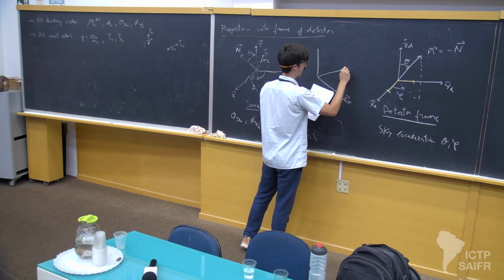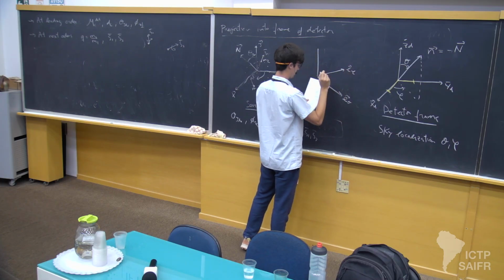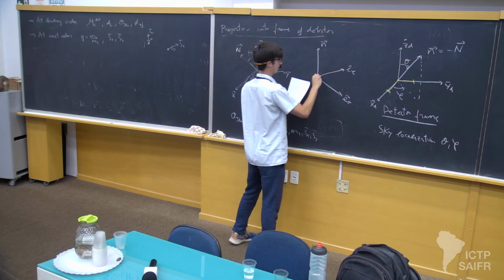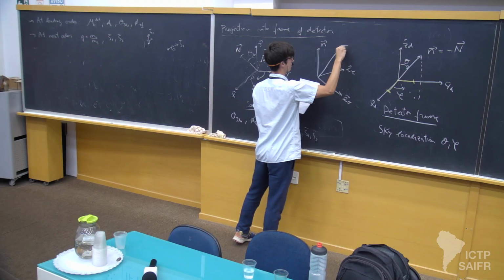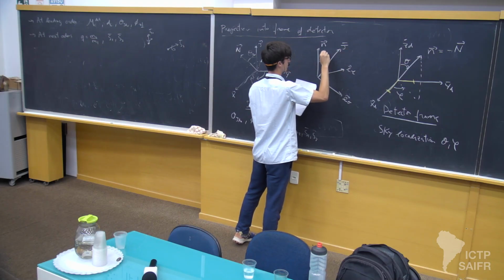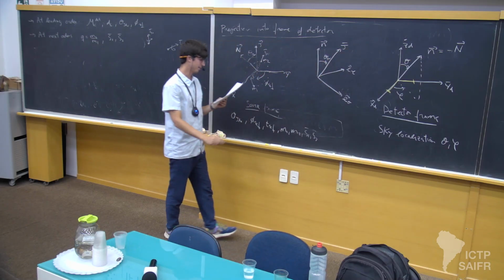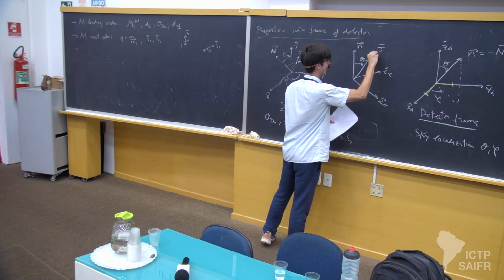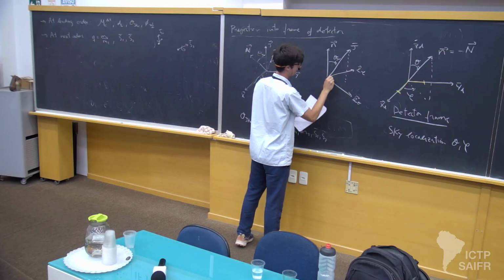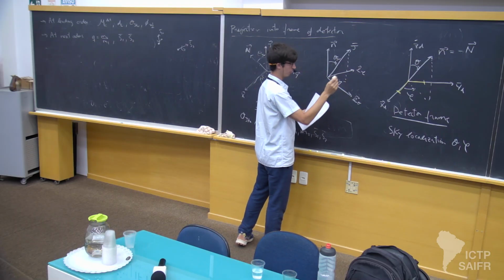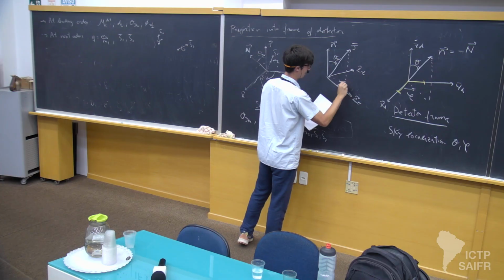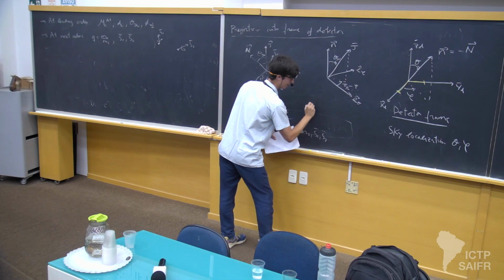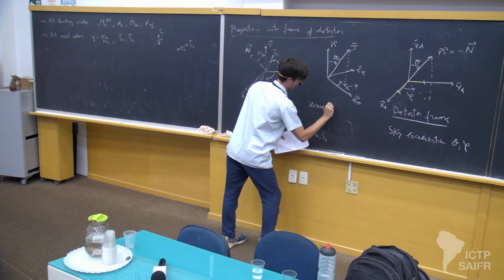So if we are in this plane that goes in the direction of n, and this is the inclination angle that we had here, then we need to define, maybe this is the angle you were referring to, a polarization angle that tells you how the basis of your polarization is aligned. This is what I'm calling here the wave frame.